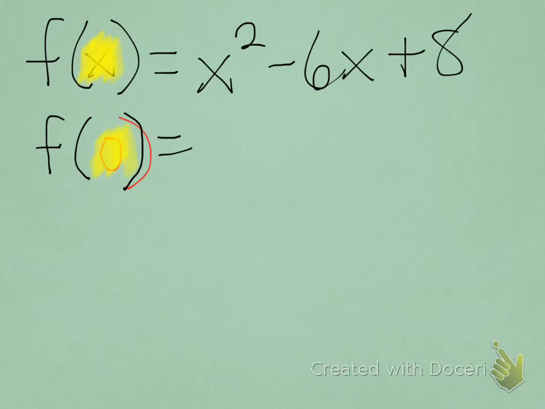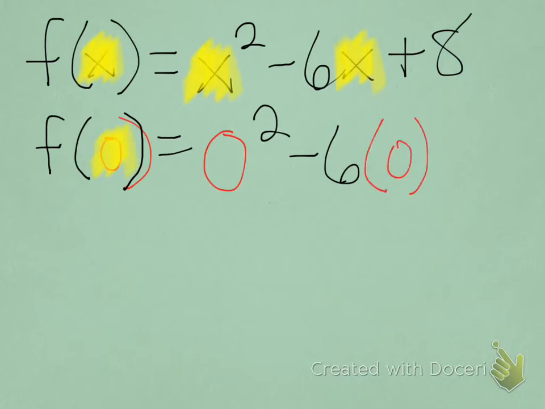So that communicates that everywhere we see an x in our equation will be replaced by 0. So then if we replace every x with 0, our equation now becomes 0 squared minus 6 times 0 plus 8.